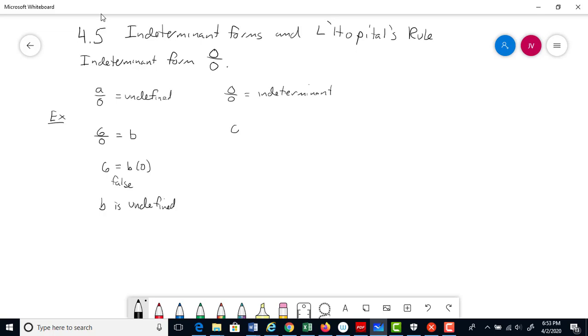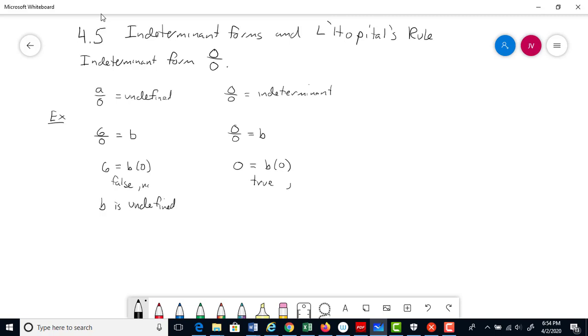But if we have this similar expression 0 over 0, let's call this equal to b. Writing it in its equivalent multiplication, 0 is equal to b times 0. The difference between this equation and the last one is that the last one is always false, there's no b that will work. But in this equation, it is always true, and that means every b will work.